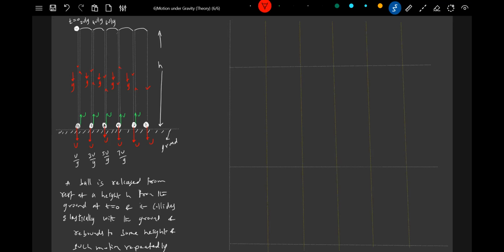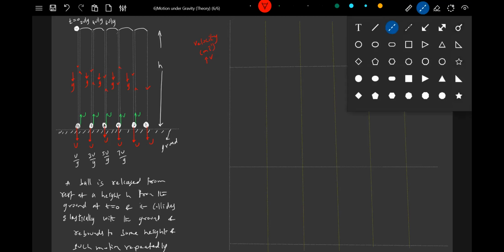The ball is released from rest. So what is the initial velocity? Velocity in meter per second.